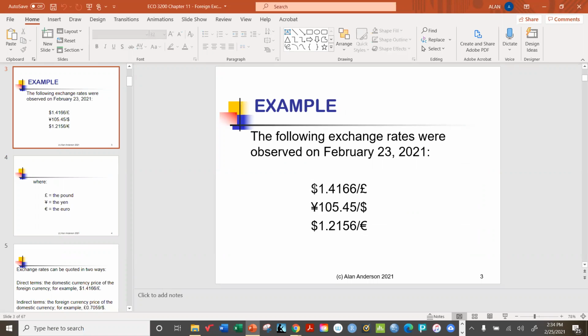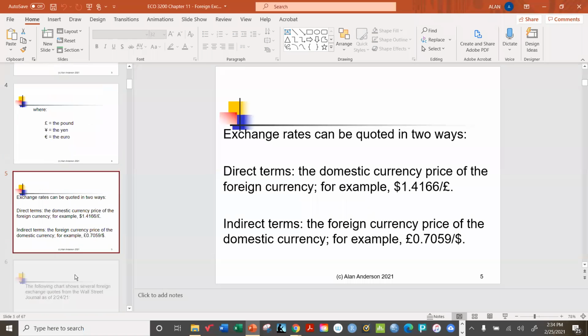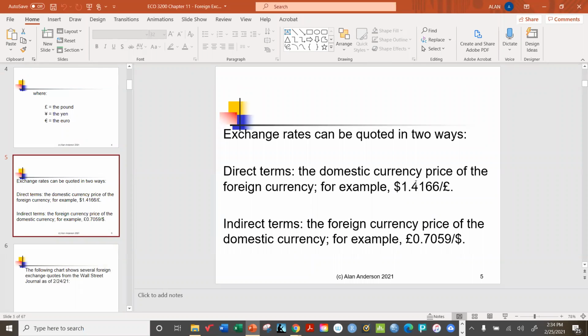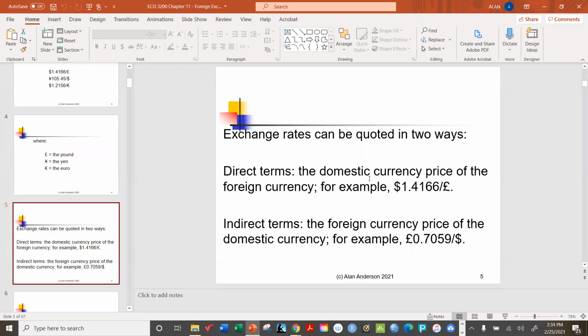So for example, let's take a look at this exchange rate between the dollar and the pound. What we can do is call that $1.4166 per pound. And in that case, we call this direct terms. Now, here's why. Because imagine in the United States, all prices are in terms of dollars. The price of lettuce, the price of gas, the price of sodas, whatever it is, it's always so many dollars per unit of the good that you're trying to buy.